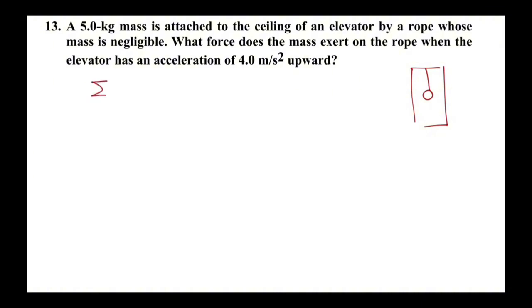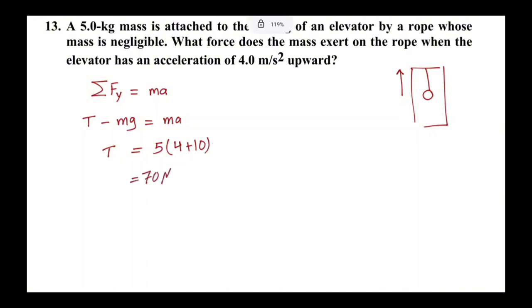So sum of all forces on y equal to ma, tension minus mg equal to ma. Actually, we start with tension because the acceleration is upward. The one with the acceleration, you start with it. So tension minus mg is equal to ma, and tension in this case is equal to 5 times 4 plus 10, and in this case it's 70 newtons.